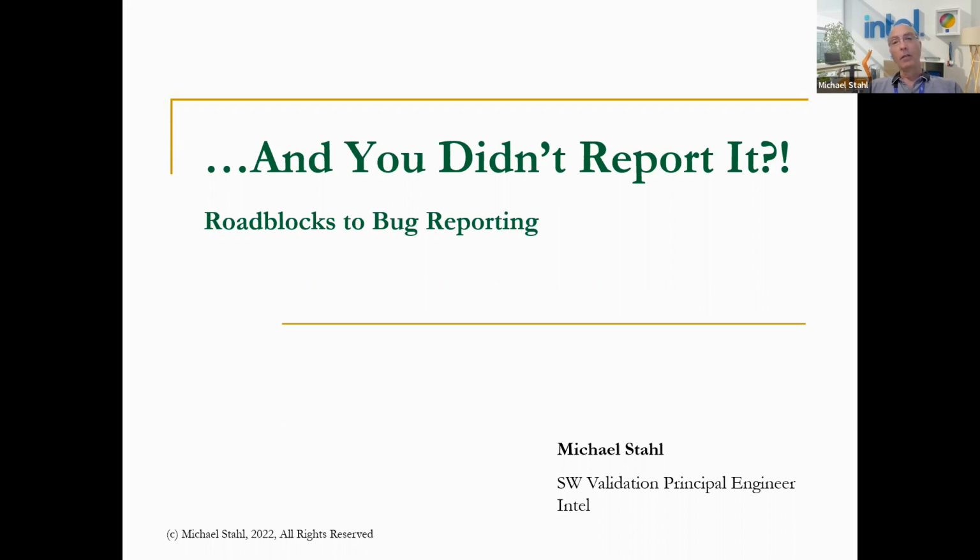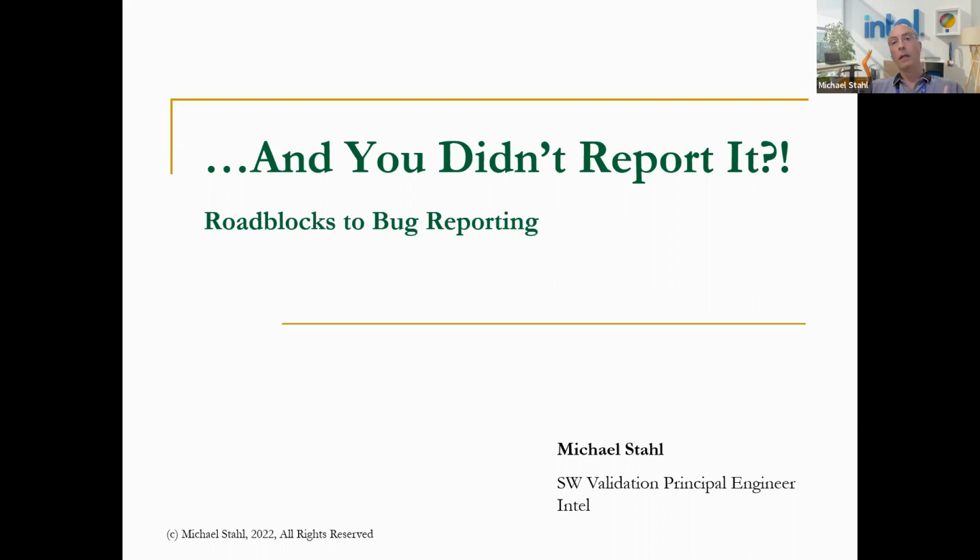What I'll talk about today are situations I've experienced, and I would assume that you experienced at least some of them, where we find a bug, and for whatever reason we don't report it.